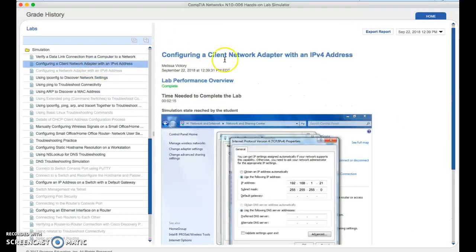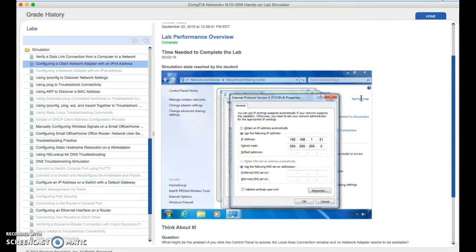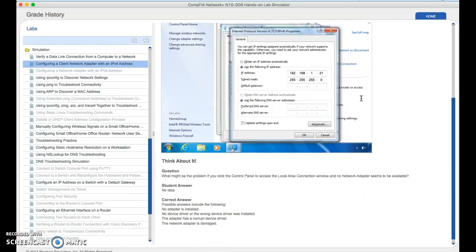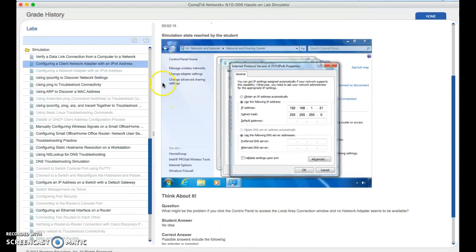Then I did the configuring a client network adapter with the IPv4. Again, I did not have any troubles with that one, but I did have a little struggle with trying to think about the application of the information that we were actually using.